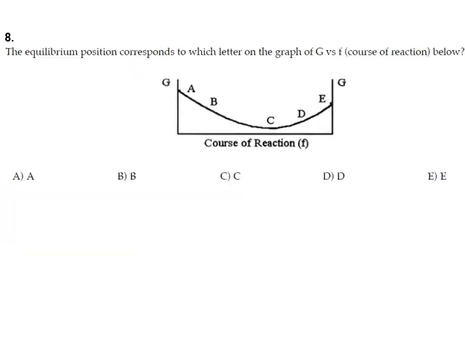Look at this one. The equilibrium position corresponds to which letter on the graph of G versus F, where F is what they're using to indicate the progress of the reaction. So which letter, A, B, C, D, or E, would be the one that would be at equilibrium? So look at that for just a minute.